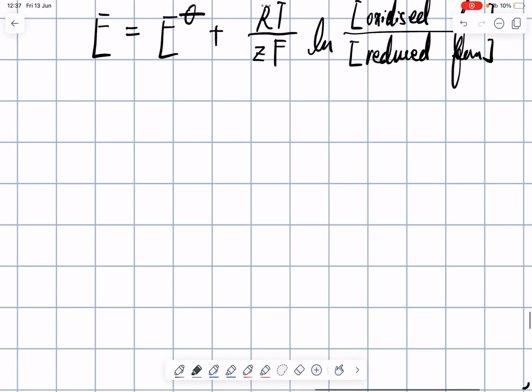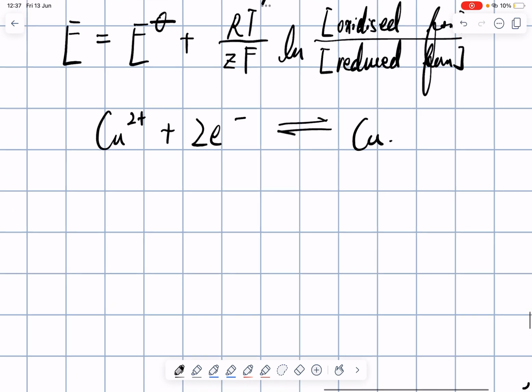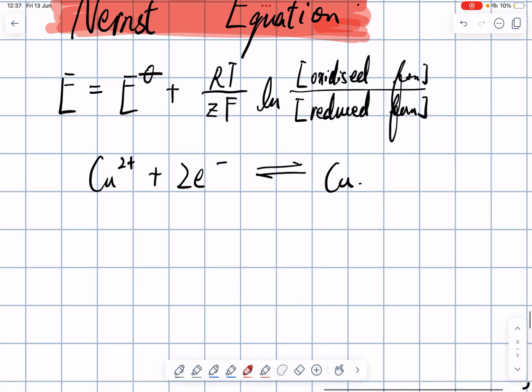So a good example will be, again, this equation here. What's the oxidized form? Wait a second.